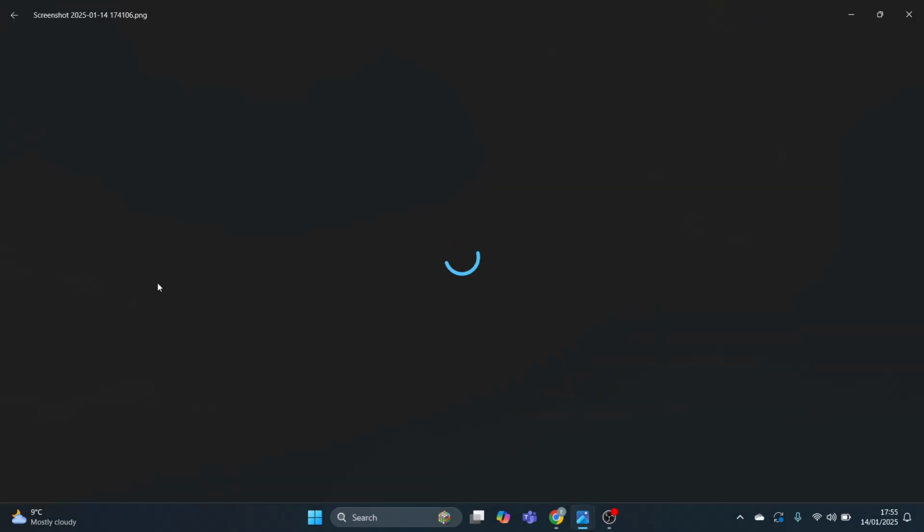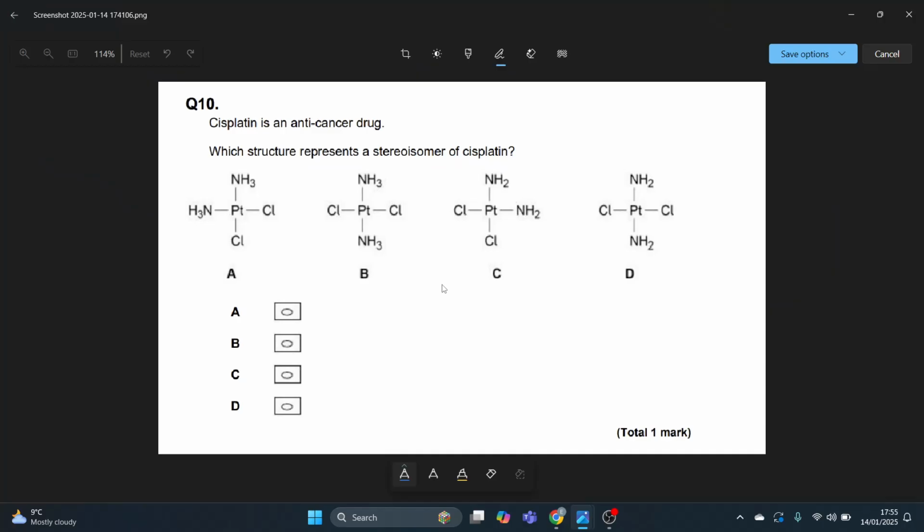Question 10. Cisplatin, you should have studied this, is an anti-cancer drug. Which structure represents a stereoisomer of cisplatin? It's a complex of platinum 2 with 2 chloride ions bonded to it, and also 2 ammonia molecules in a square planar structure.